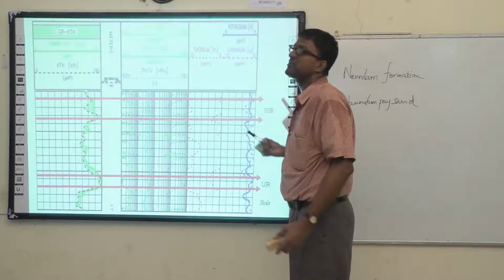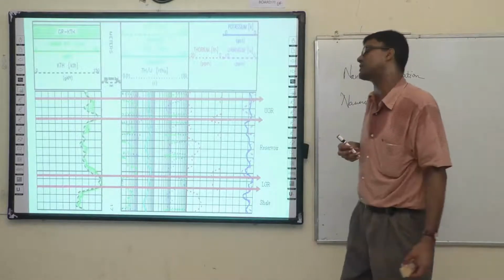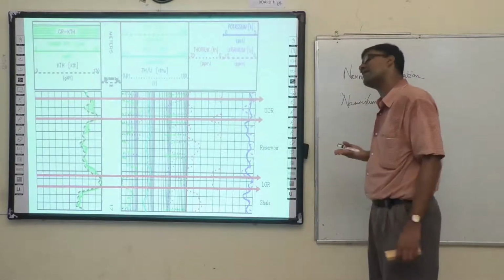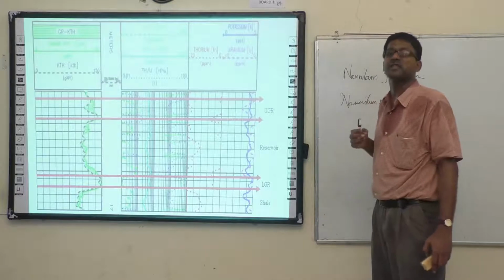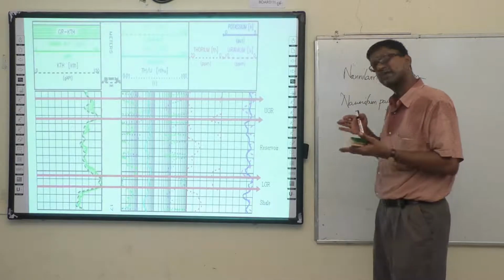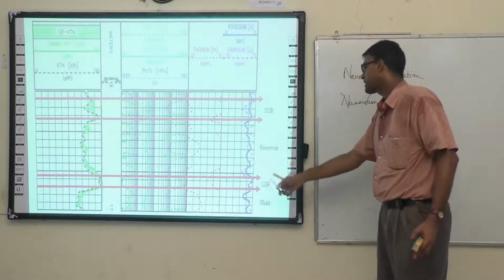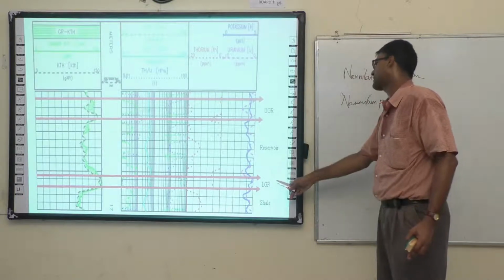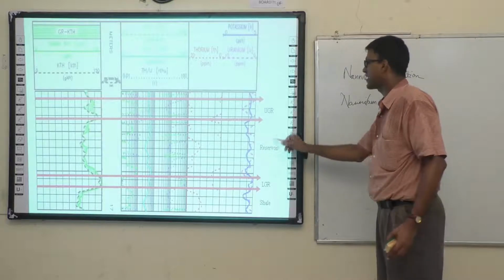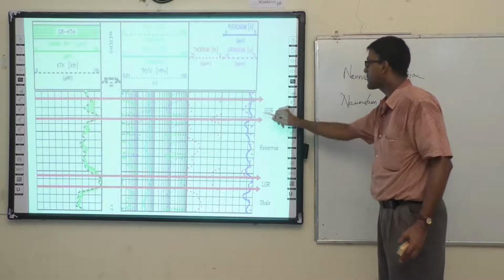The beauty of the natural gamma ray spectrometry log is that within the reservoir, or within the Nandilam formation, we can subdivide into shale, then lower gamma ray, then the reservoir, then upper gamma ray.